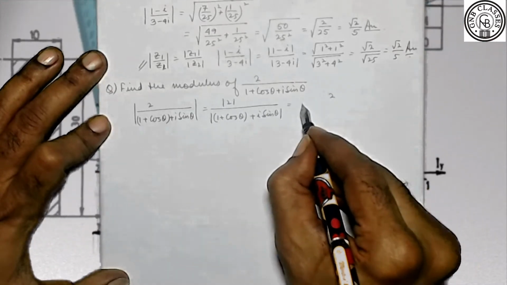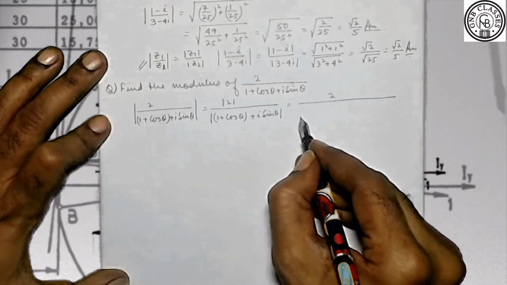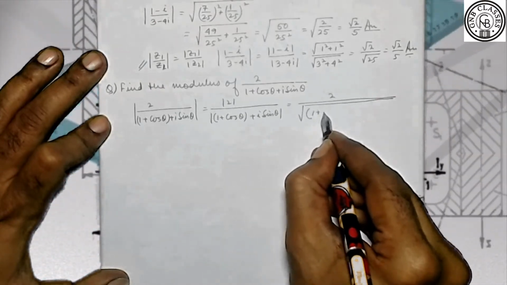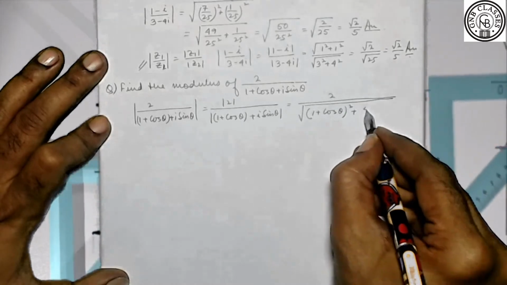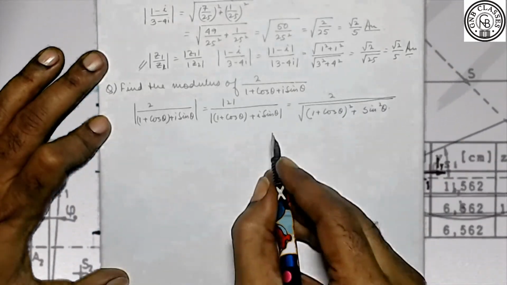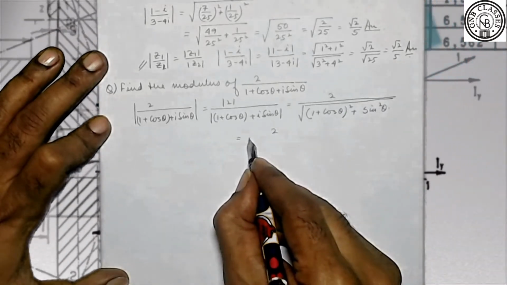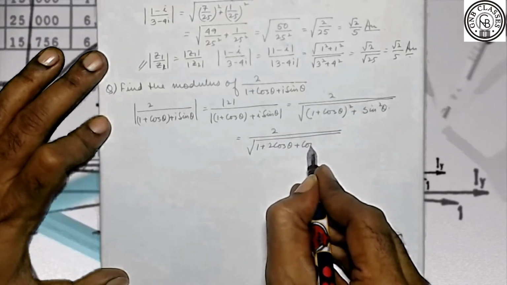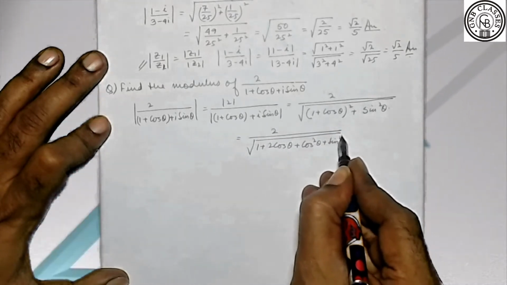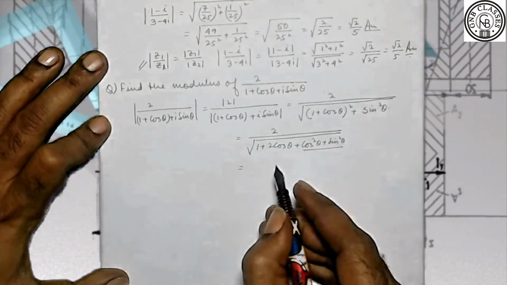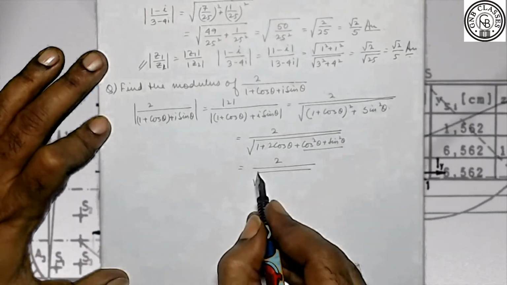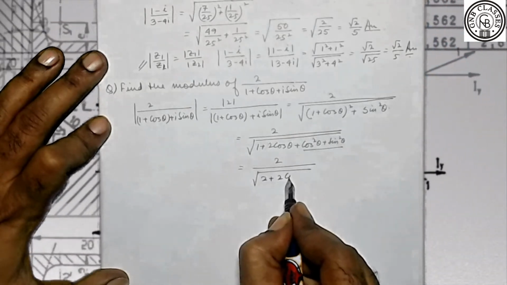Modulus of 2 is 2, and in the denominator we are going to have the root. Let me open it. Sin square theta plus cos square theta will give you 1. So under root 2 plus 2 cos theta.